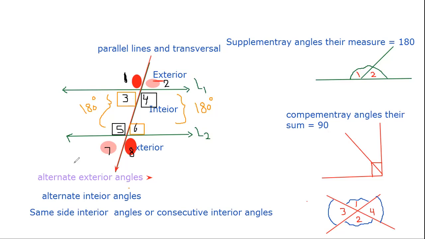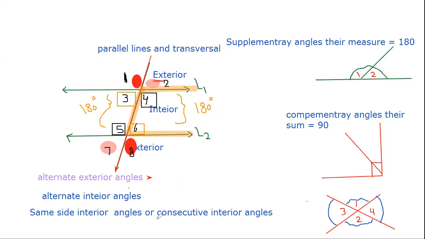So if we want to describe the position of two angles, we can say again 1 and 8 alternate exterior, 2 and 7 alternate exterior, 3 and 6 alternate interior, 4 and 5 alternate interior, 4 and 6 same side interior angles, and their sum should be equal to 180 degrees. 3 and 5 are same side interior angles, and we can note that they lie in the interior region.